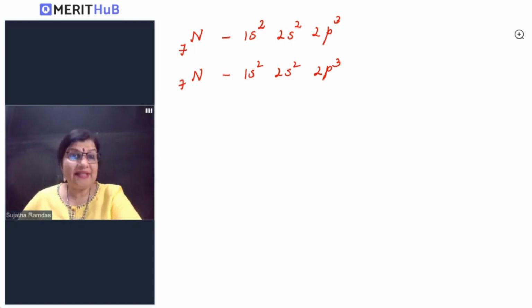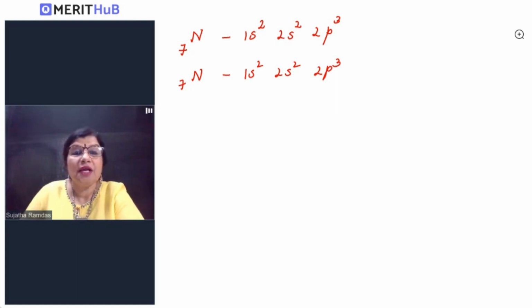And after nitrogen, all the elements will have a different order. So you must be very clear about the order in which electrons fill. According to Aufbau's principle, lower energy orbitals are filled first. The same concept is used here for molecular orbitals also. So now let's write down the molecular orbitals.